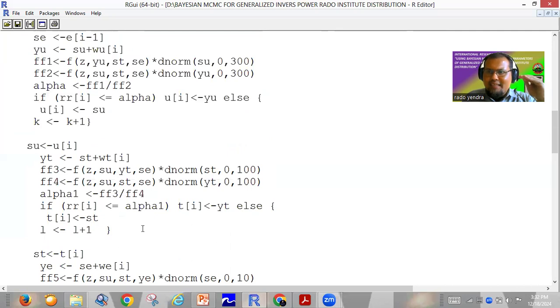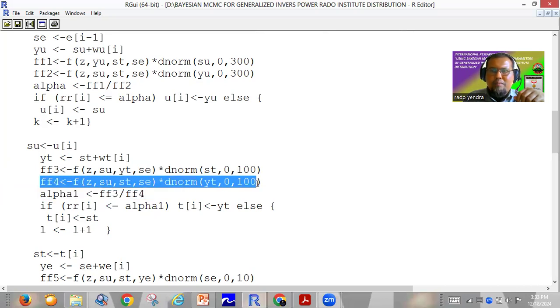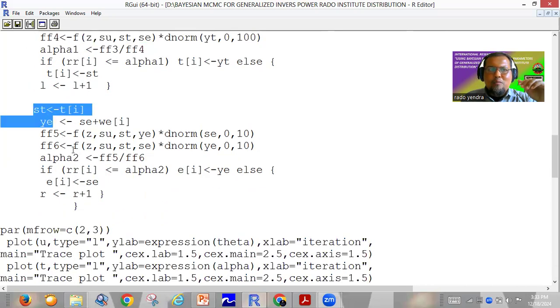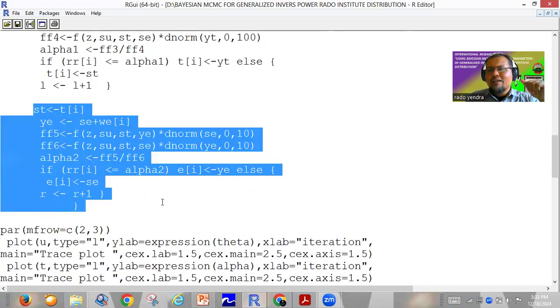In the same way as with the parameter beta, we use the concept of the likelihood multiplied by the prior. This prior is special for the parameter alpha, and this one is for the parameter theta.